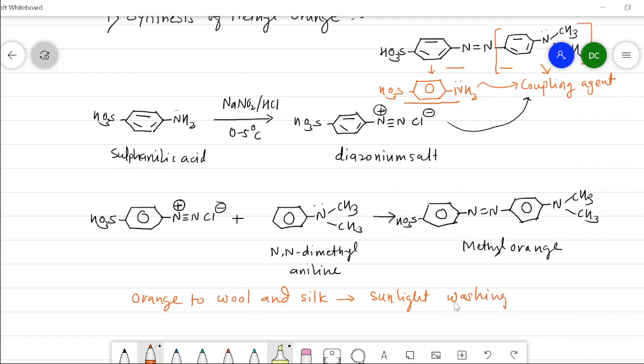After frequent washing and when it is exposed to sunlight, the color imparted to the wool and silk is going to fade. In addition to this, methyl orange is used as an indicator in acid base titration. So we can write here it is used as an indicator for acid base titration.